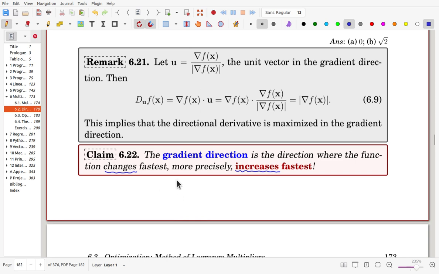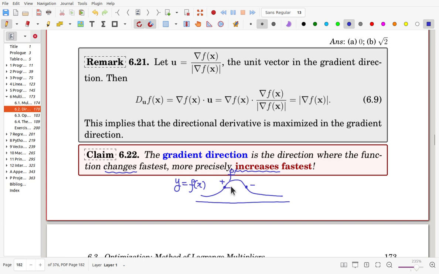Let's start with the well-known function y equals f(x). If this is the graph of y equals f(x), then at this point we know that it is increasing, so the slope there is positive. At that point the slope is negative, right? f prime is positive or negative.